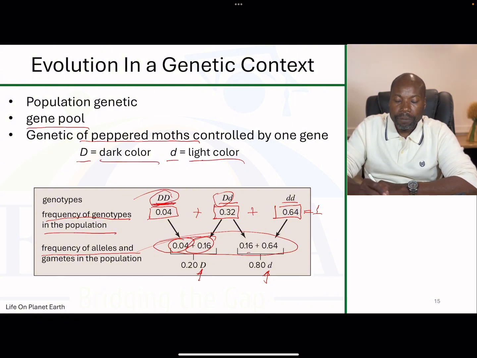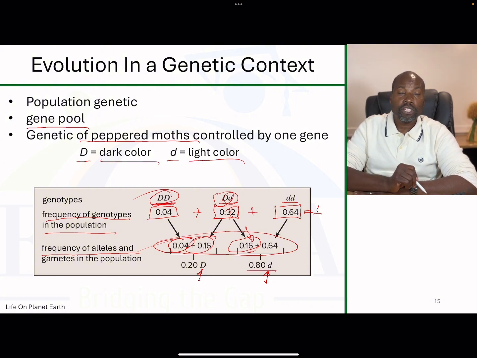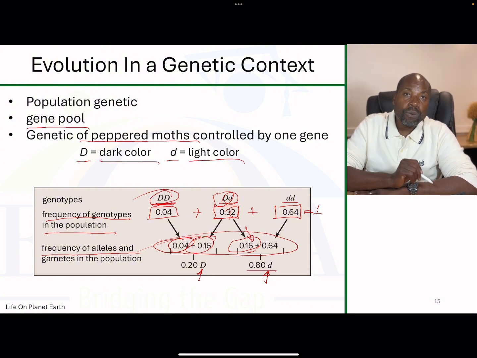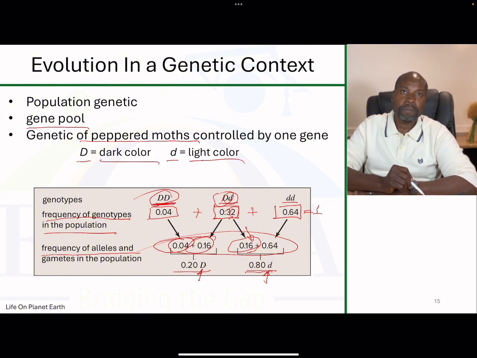Half of the alleles in the heterozygotes are lowercase d, so half is 0.16. 0.16 plus 0.64 makes 0.80. So the frequency of the dominant allele is 0.2, and the frequency of the recessive allele is 0.80. Okay?